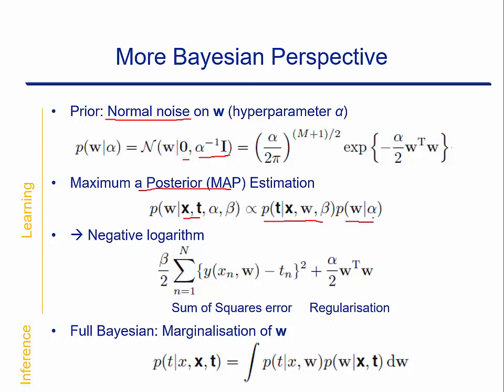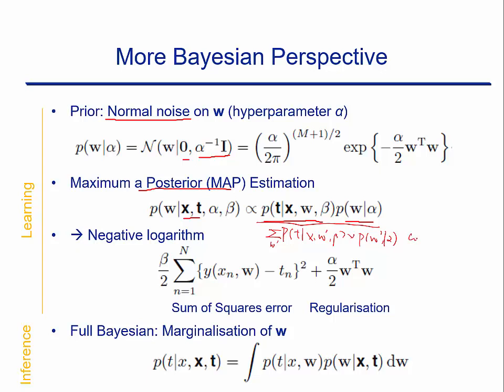Actually, this is subject to a normalization, which is the sum over all the possible values of W. So the denominator is the sum over all the possible values of W of P(t|x, W, beta) times P(W' given alpha).